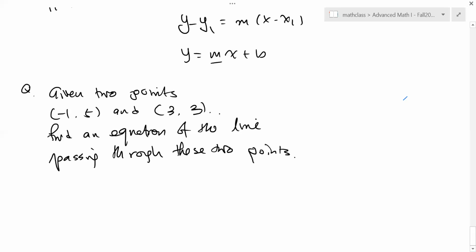Just give me the equation in the form y equals mx plus b. Find the relation between x and y.